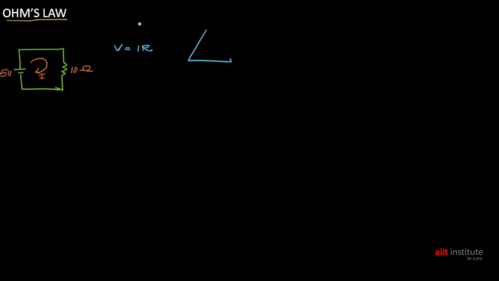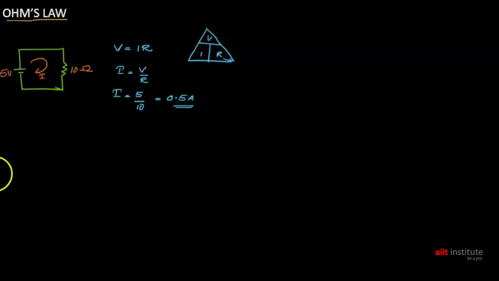We can simply go through this triangle V, I, R. So I equals V by R. We know the values directly, so I equals 5 by 10, which means 0.5 ampere. So this is the current value.